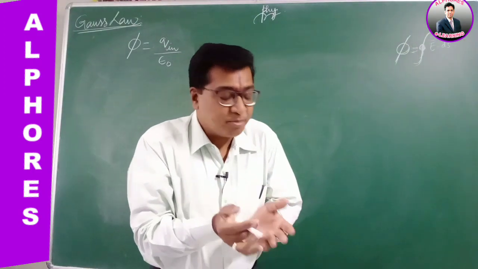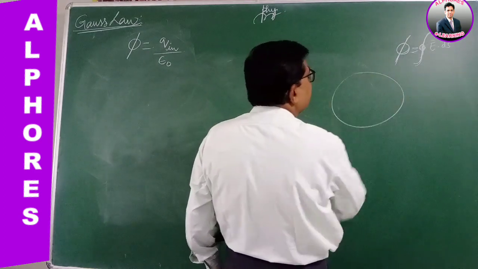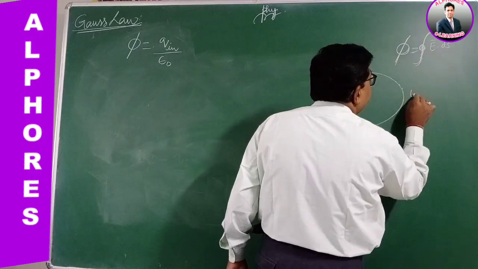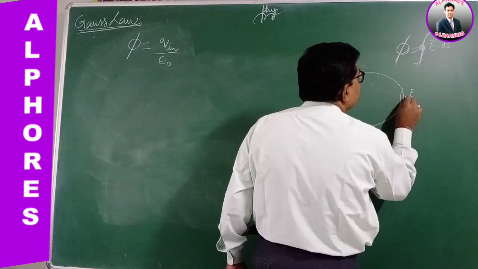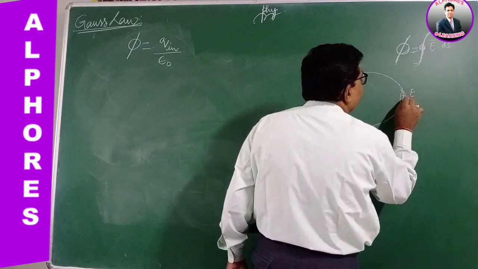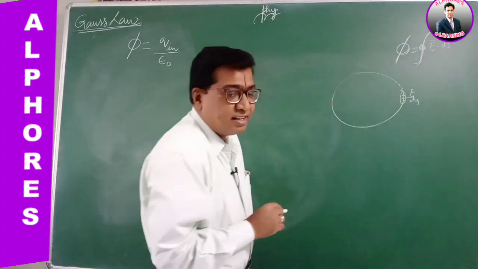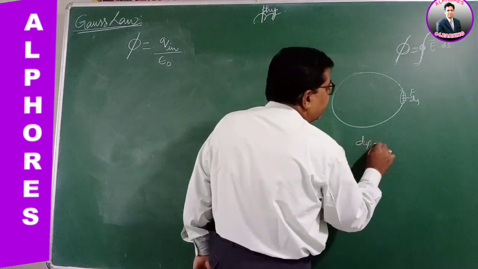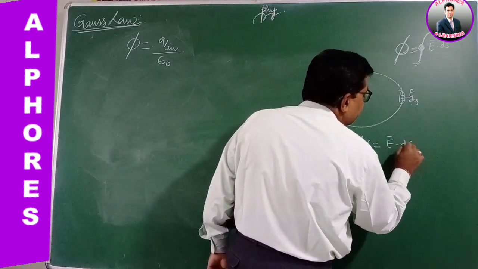Suppose there is a charge due to which I imagine a Gaussian surface. On the Gaussian surface, let the electric field be E, and I imagine a small area element ds. Then the small flux through that area element, d phi, is E dot ds.